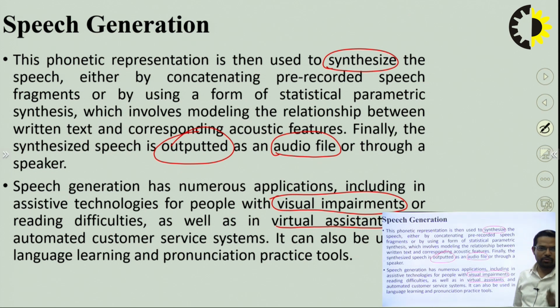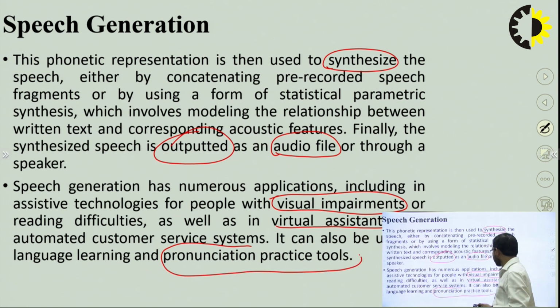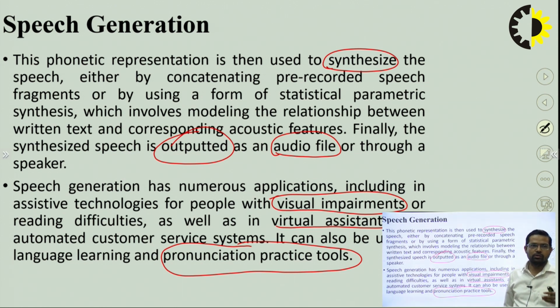It can also be used in language learning and pronunciation practice tools. Just like if we pronounce some special words, some complicated words, just type into Google how to pronounce this. So the machine, Google Assistant, pronounces this word to you. So that is also very useful as a pronunciation practice tool.